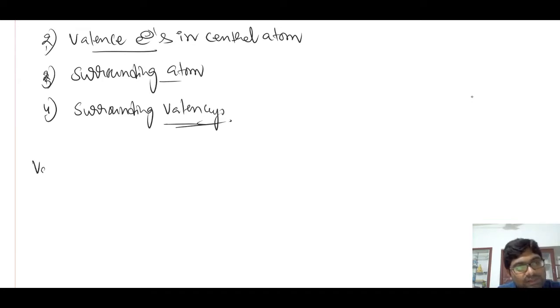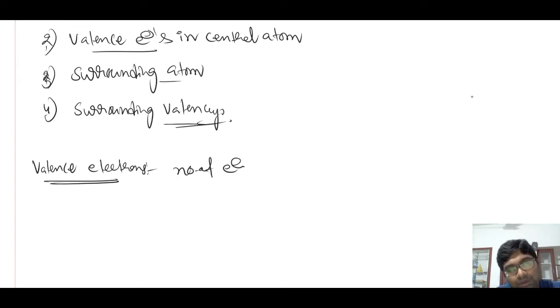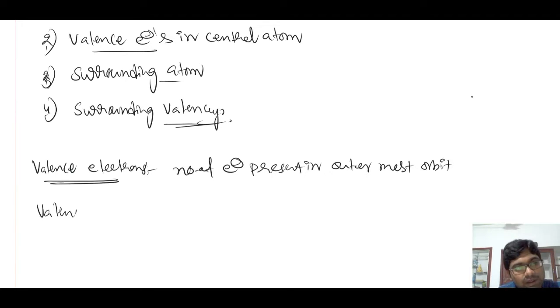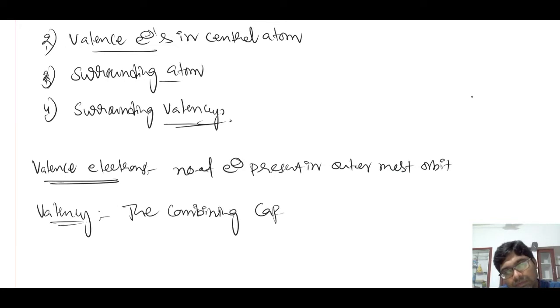So valence electrons means the number of electrons present in the outermost orbit. Valency means the combining capacity of an element.